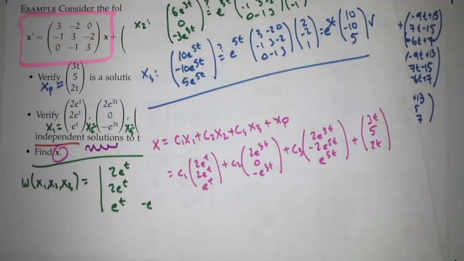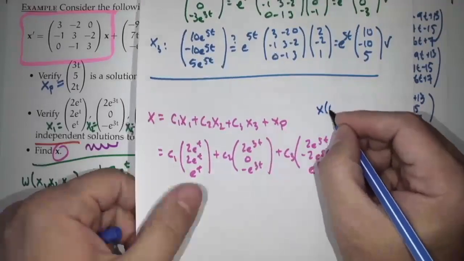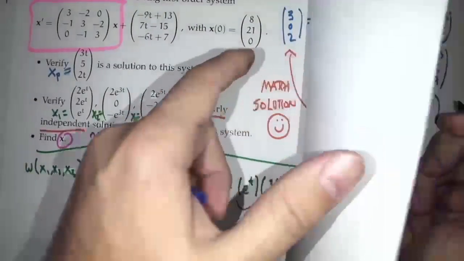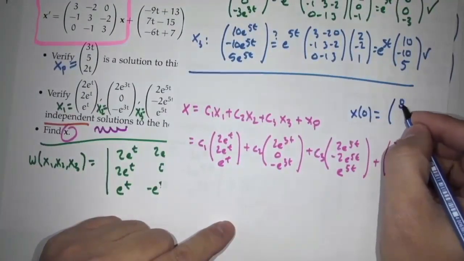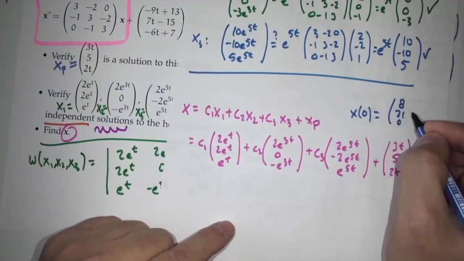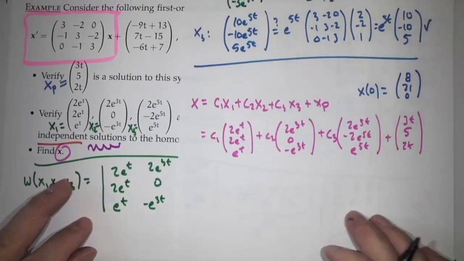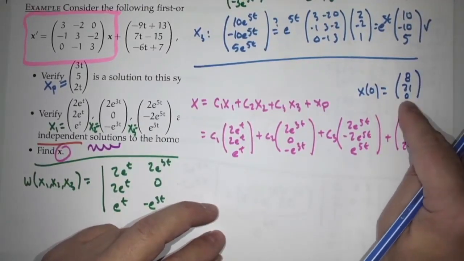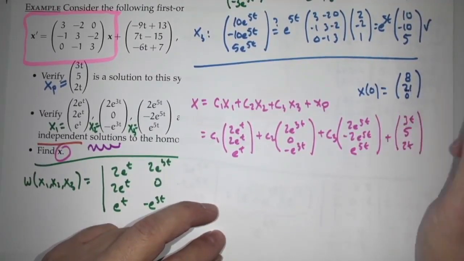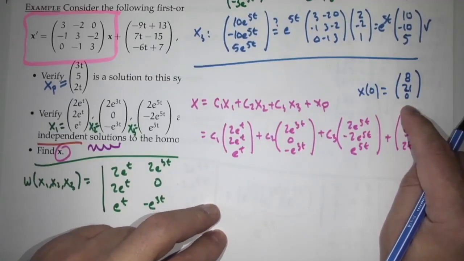All right. So, remember, we have this initial condition, x of 0 is 8, 21, 0. Okay, so how is this going to help us? What is this initial condition going to help us do? Really, what are we trying to do?